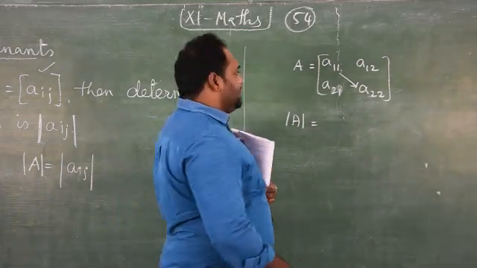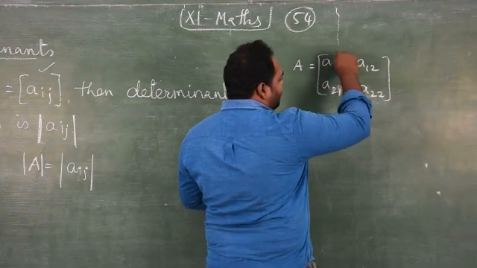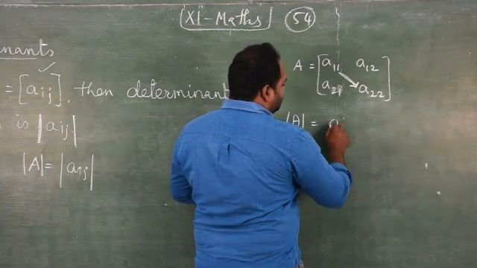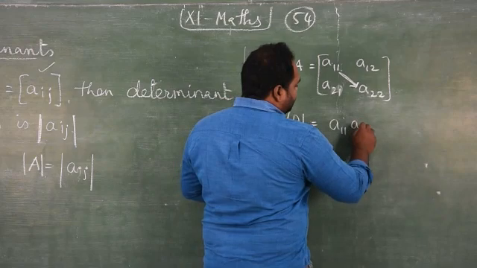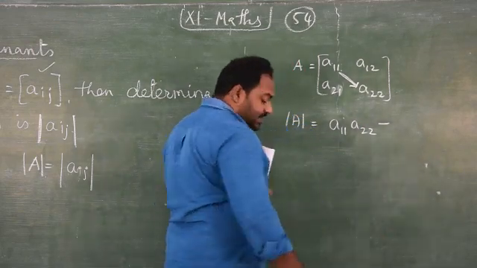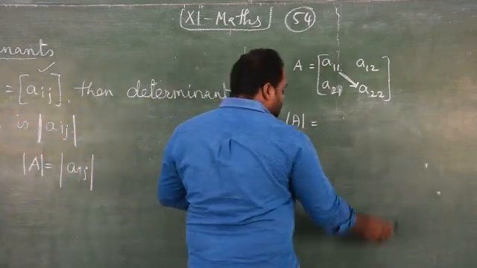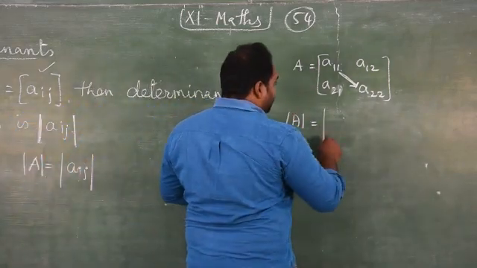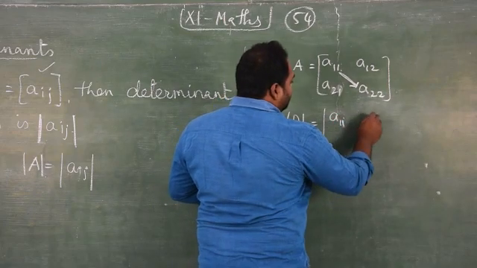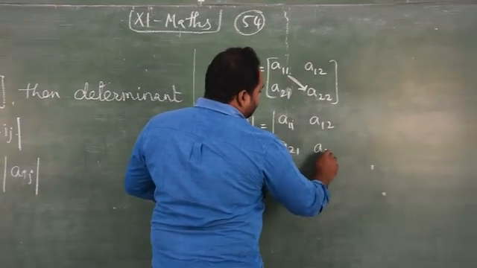In a 2 cross 2 matrix, you just multiply this element and this element, A11, A22. Before that, we have to write the determinant as A11, A12, A21, A22.